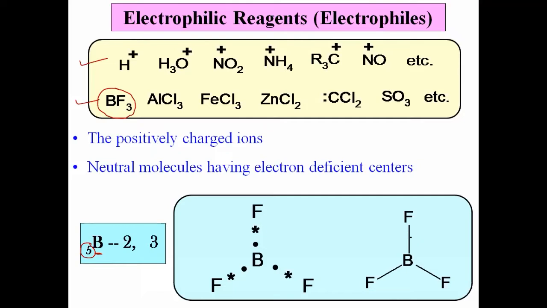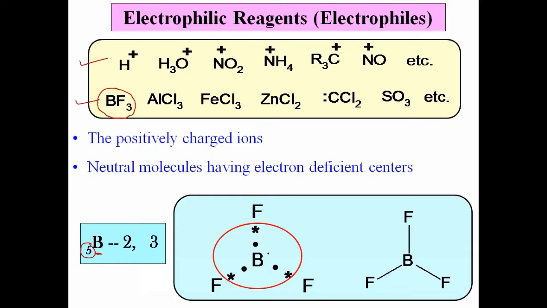In this way 3 covalent bonds are formed. Now how many electrons are there in the valence shell of boron? It has a total of 2 in each electron pair, so 2 electrons plus this 3 electrons.